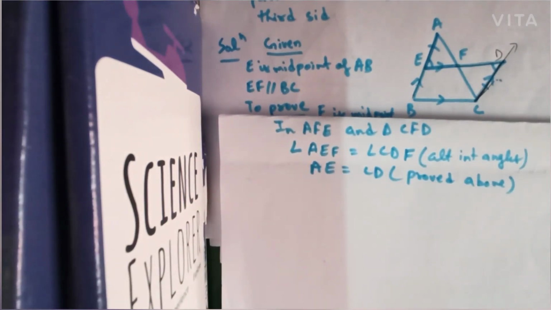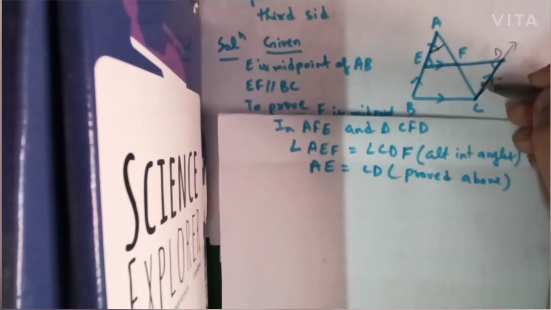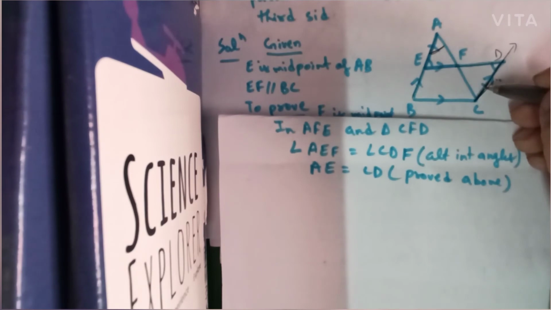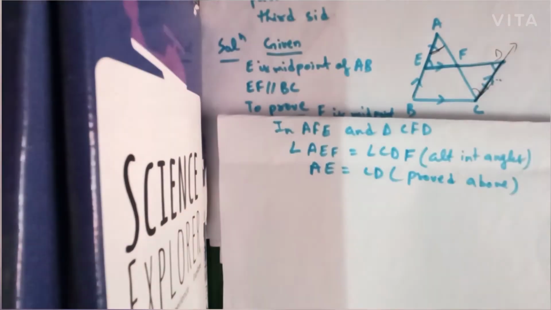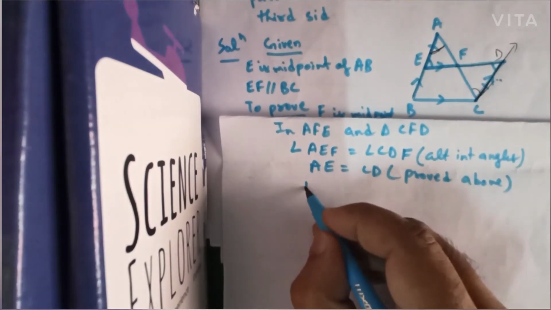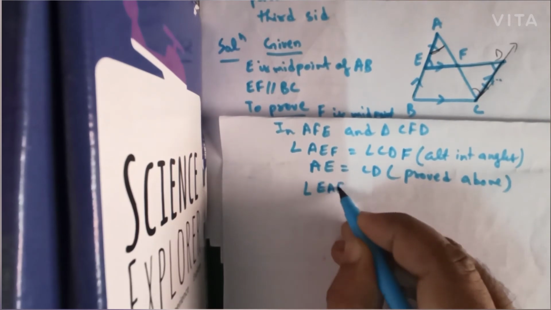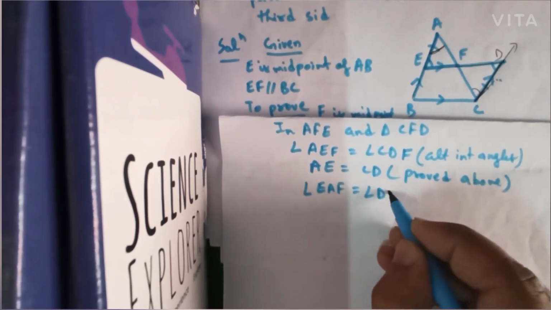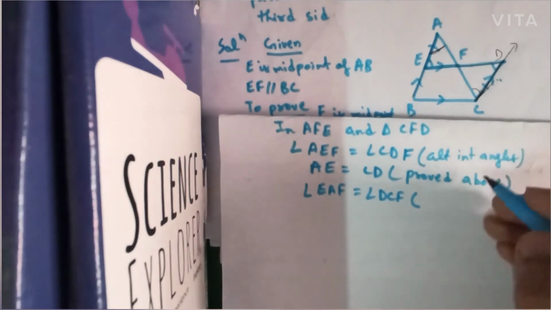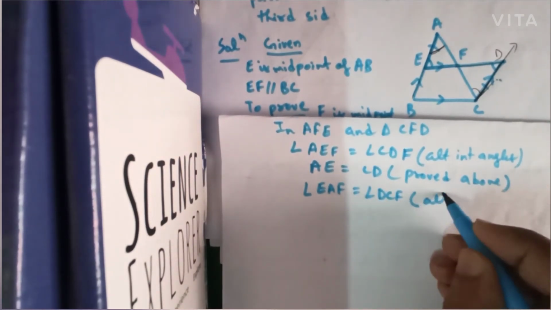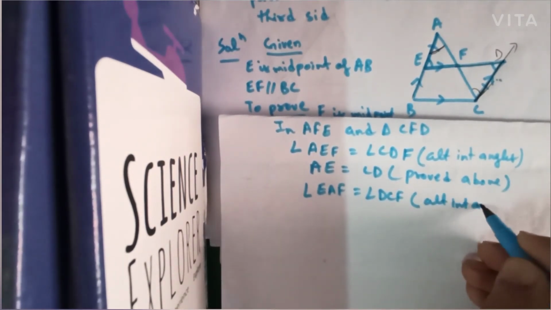And again these two angles, angle EAF and angle DCF, will be equal, again by alternate interior angles.